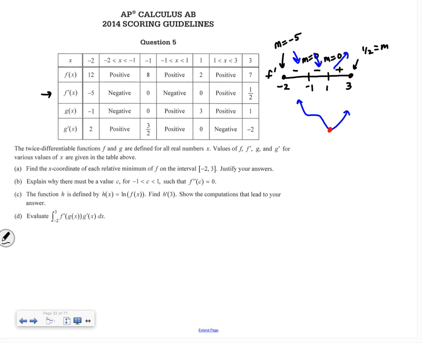So we would say relative min at x equals 1, and our reasoning is because f prime changes sign from negative to positive.